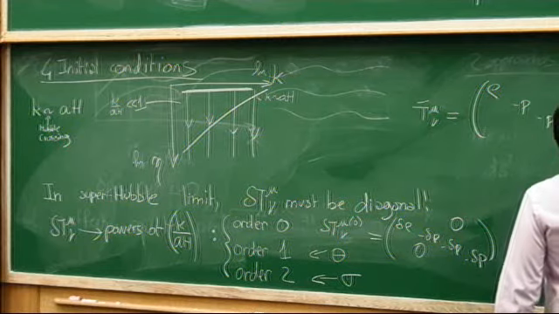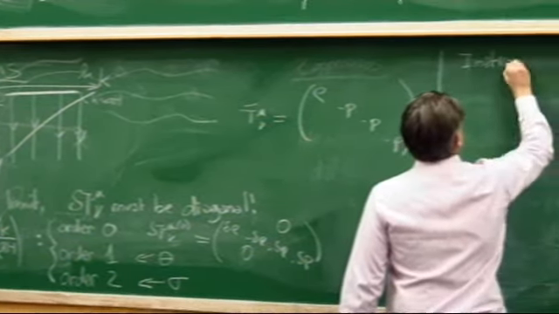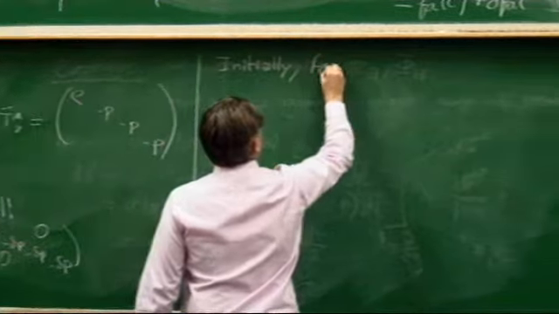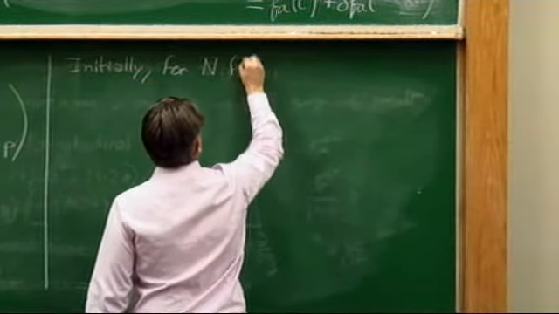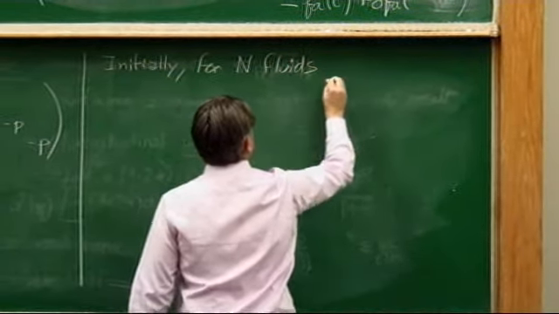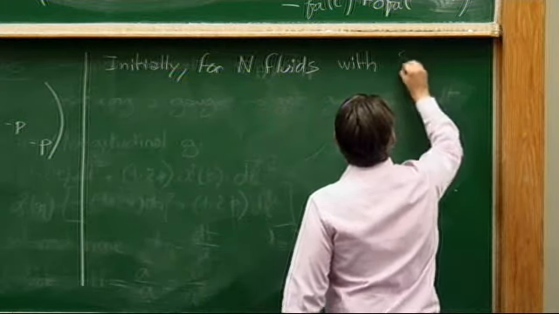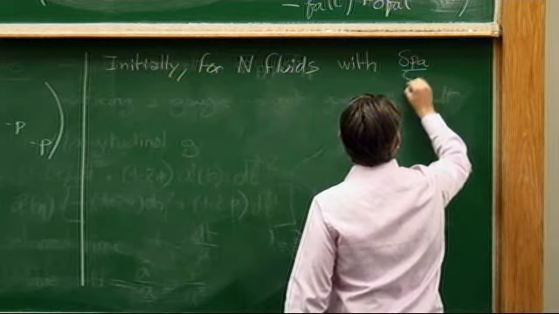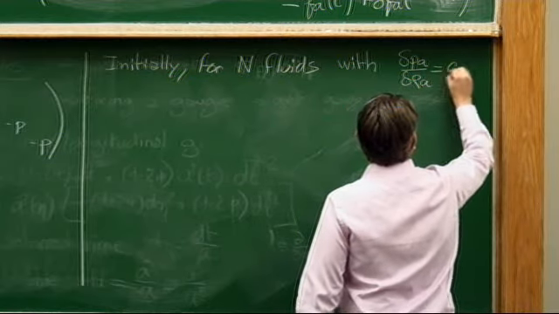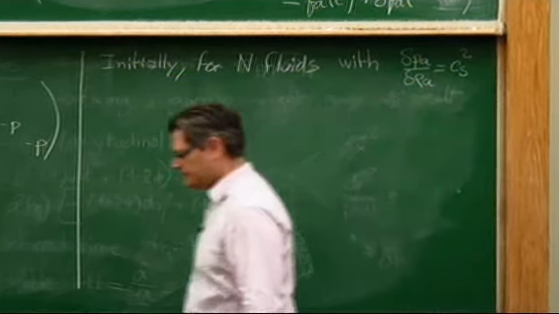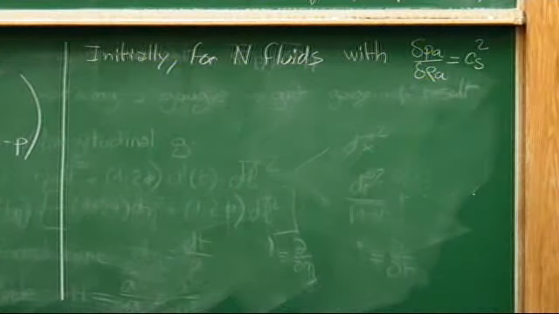So, initially, if I have n fluids in my universe, n components, and I assume that I know for each of them delta P over delta rho, which is the sound speed. In practice, it is always the case. I have n fluids with n known sound speeds.